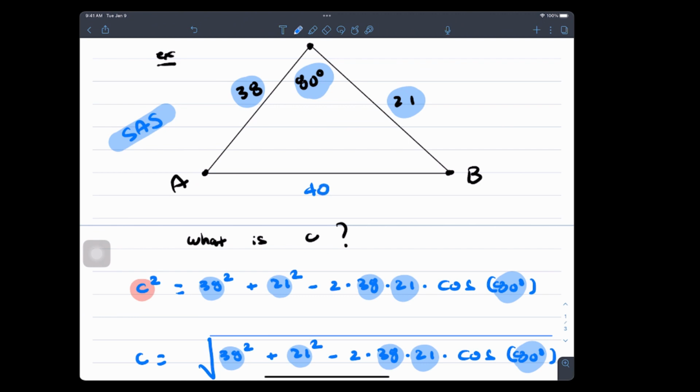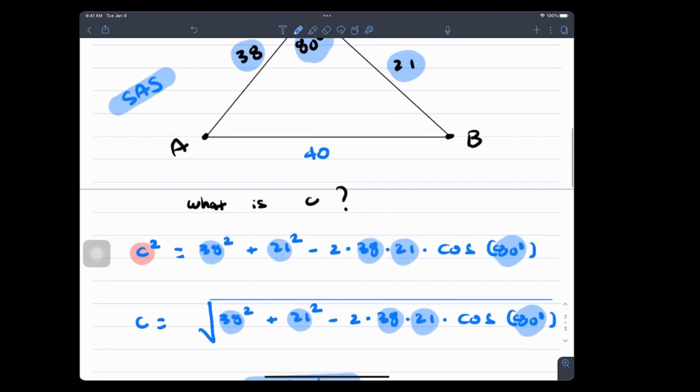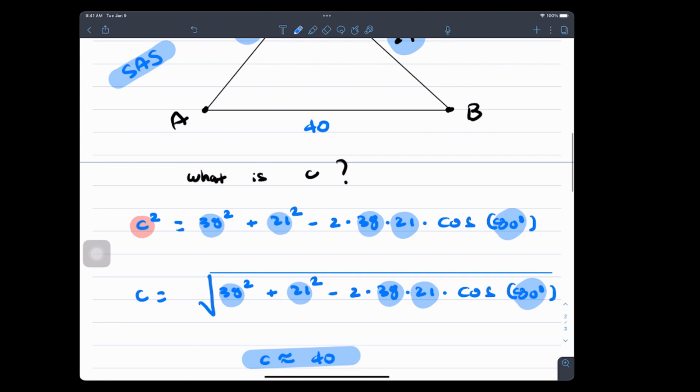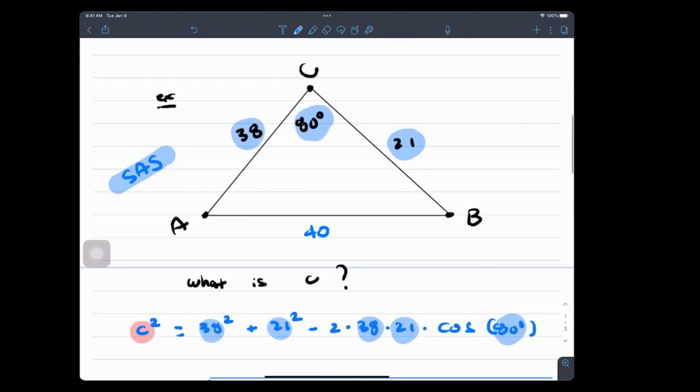And there you go. This is by law of cosines. And very often, they're going to want you guys to actually do that here.